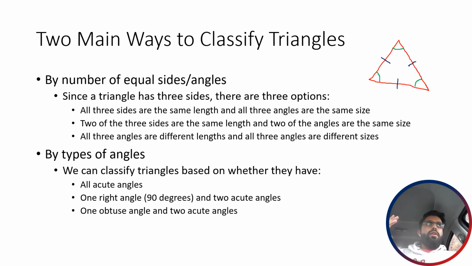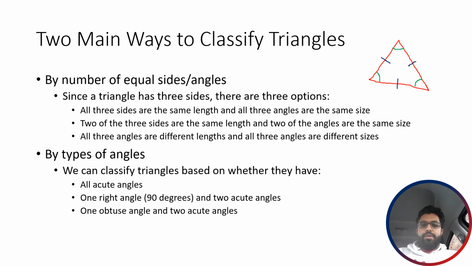And it just happens to be the case, and we could explore this in greater detail if you like, that if all three sides are the same length, then all three angles are also going to be the same size as each other. If two of the sides are the same length, then two of the angles are going to be the same size as each other. And if all three sides are different lengths, then all three angles will also be different.